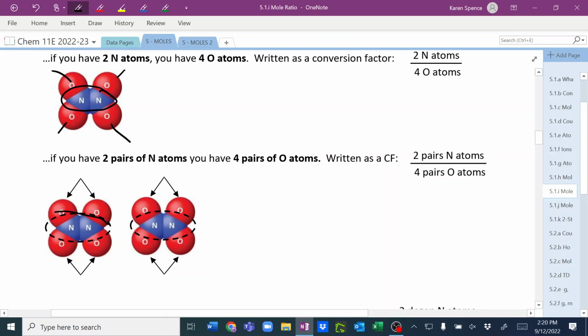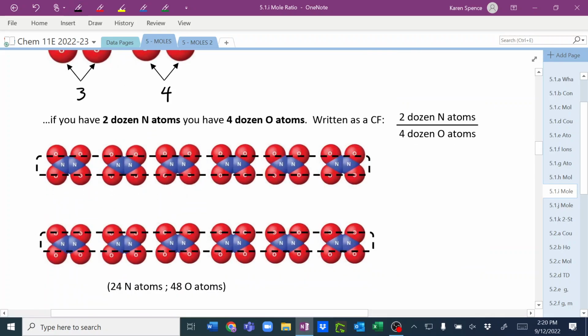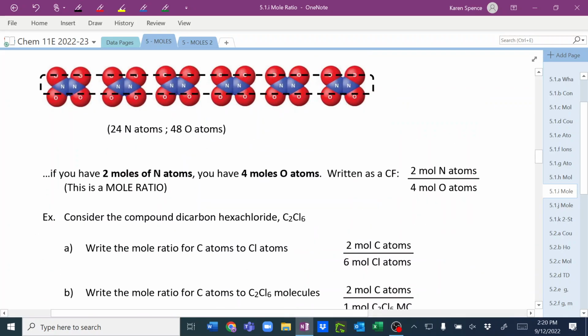If you have 2 pairs of N atoms, there's 1 pair and a second pair, you will have 1, 2, 3, 4 pairs of oxygen atoms. So again, it's that 2-to-4 ratio, okay? We could do it with a dozen, and we could do it with a mole. So it's still a 2-to-4 ratio no matter what you've got.